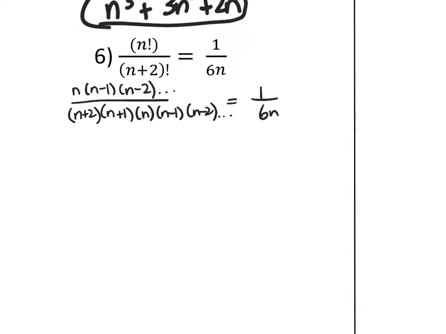I didn't have the foresight in that one to see it, but here's my part that cancels away. That one goes and that one goes. So I'm left with 1 over, when I multiply my bottom, n plus 2 times n plus 1. So that's going to give me n squared plus n plus 2n plus 1 equals 1 over 6n.